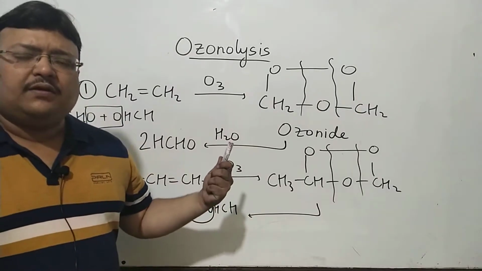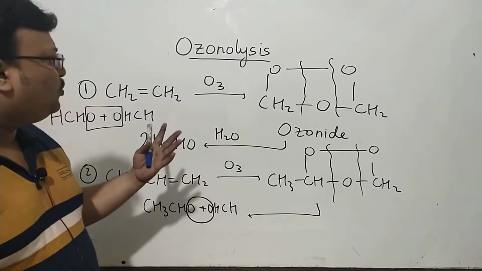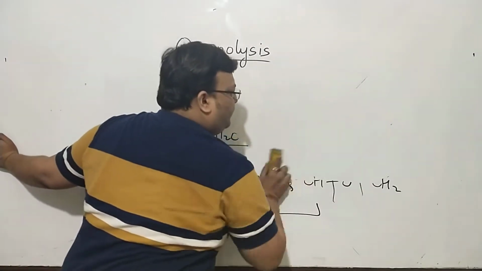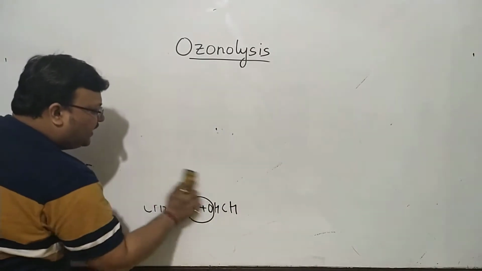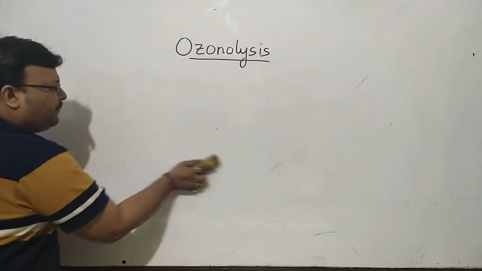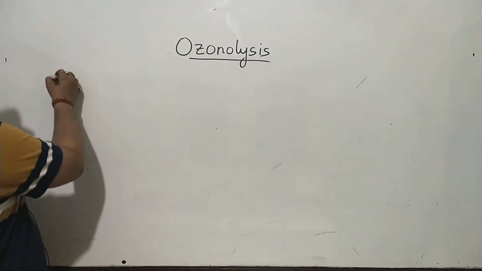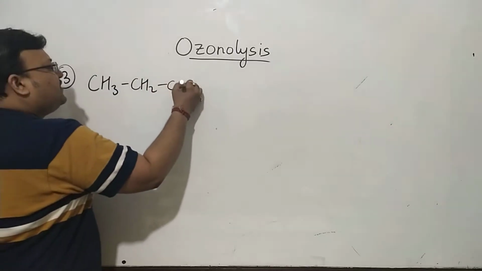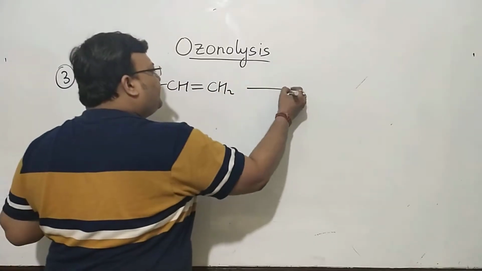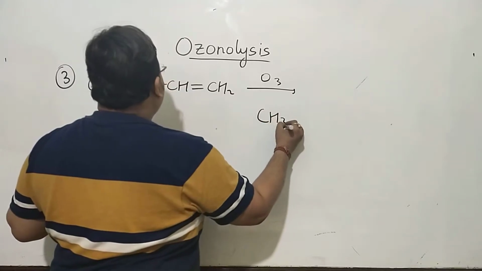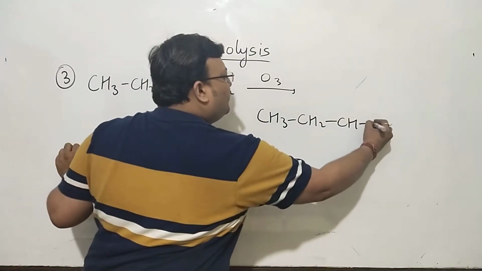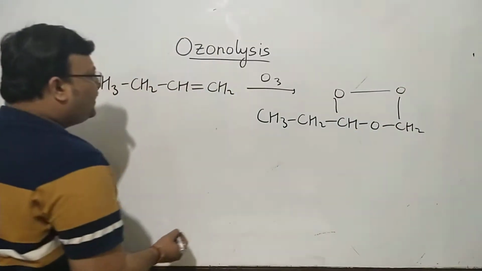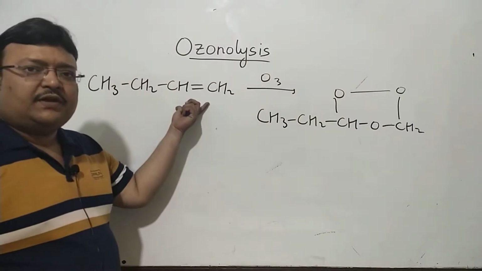So let's move to the 2 forms of butene, but-1-ene and but-2-ene. For a 4-carbon alkene, naturally I write but-1-ene as CH3, CH2, CH double bond CH2, and with ozone, this is how I draw the ozonide: CH3, CH2, CH, an oxygen here, CH2, and these 2 oxygen atoms over the carbon atoms which are sharing the pi bond.